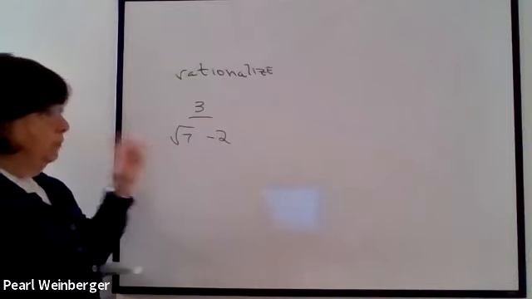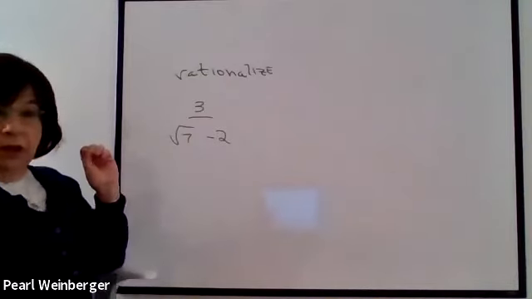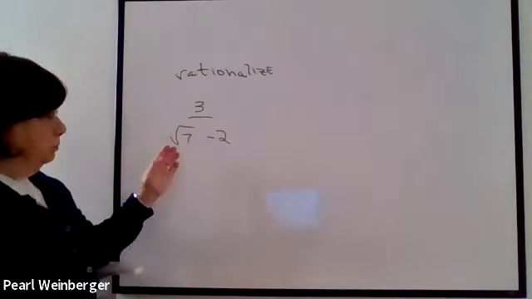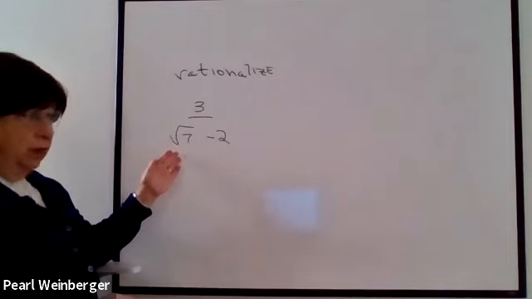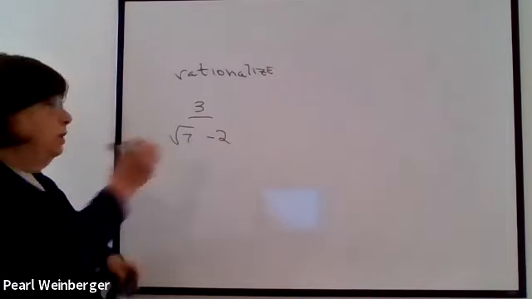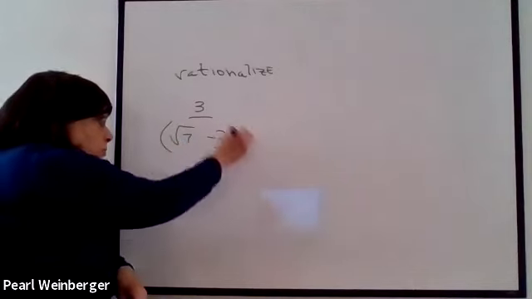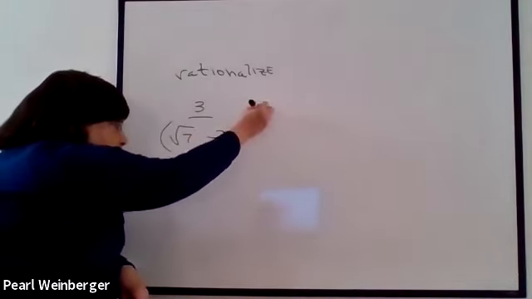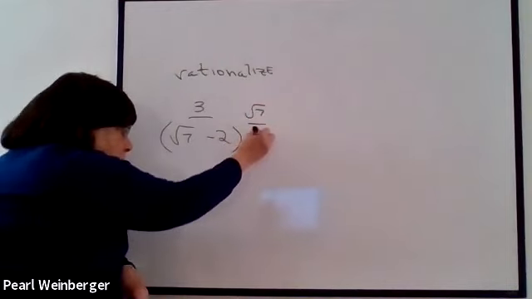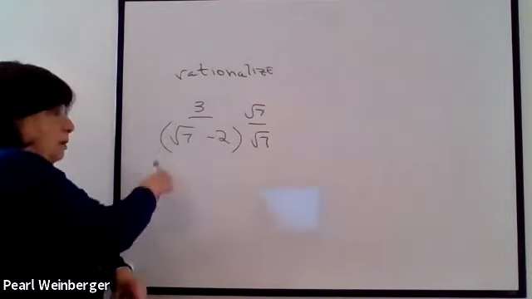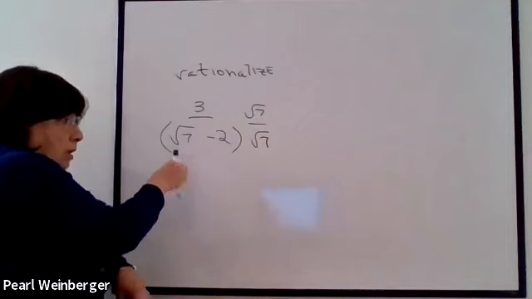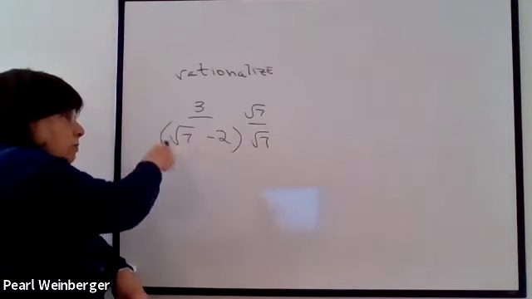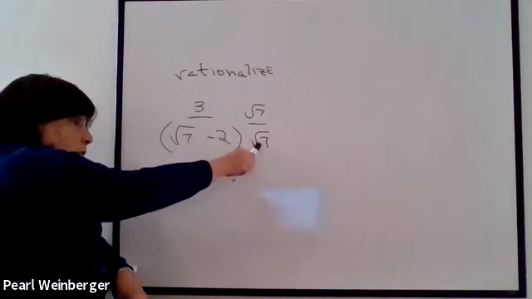And I know that the first thought that anybody has is to, well, let's multiply like we did before by radical 7. But look what happens when I multiply by radical 7. Obviously, I have to do radical 7 over radical 7. And concentrating on the denominator, I have radical 7 minus 2 times radical 7.